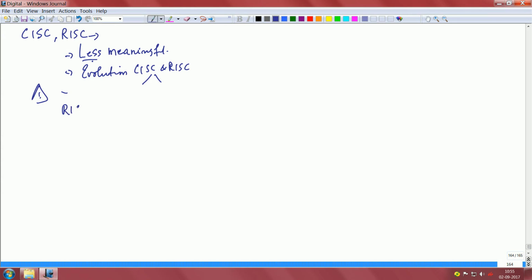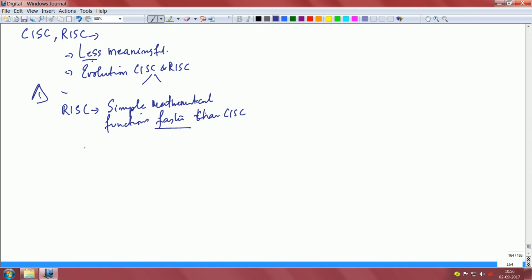I will say RISC essentially is for handling simple mathematical functions, very importantly faster than CISC processors.